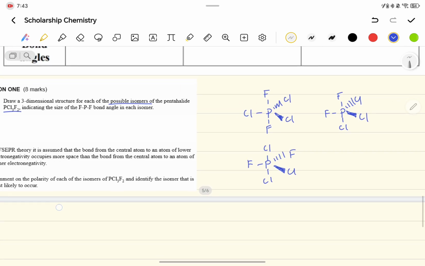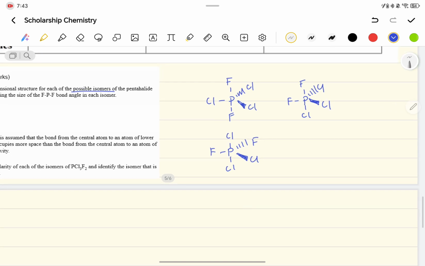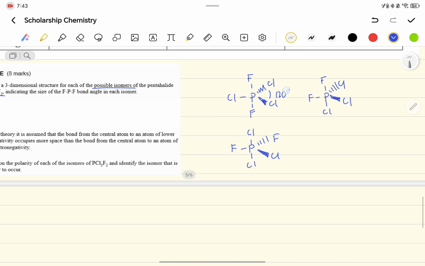Right, so this is how we do it. And for this shape, which is a trigonal bipyramidal, the bond angles between the atoms at equatorial positions are 120 degrees, and the bond angle between atoms in the axial position is 90 degrees, so a right angle.